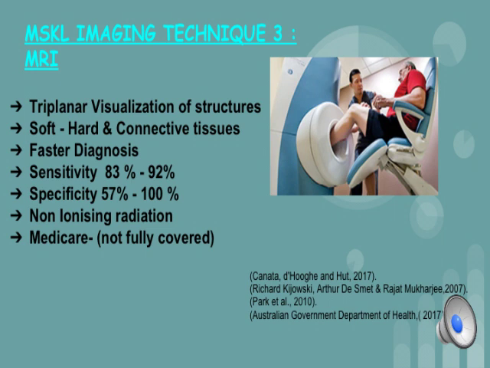Having a high sensitivity and specificity does indicate that it will be reliable in detecting abnormalities. As for safety issues, there are almost none, as MRI does not use radiation.